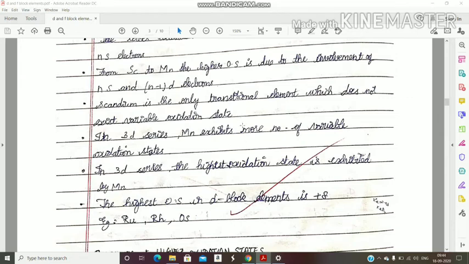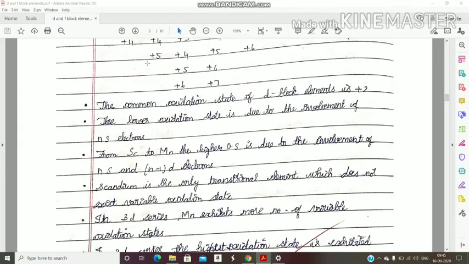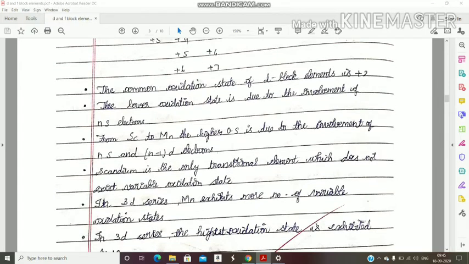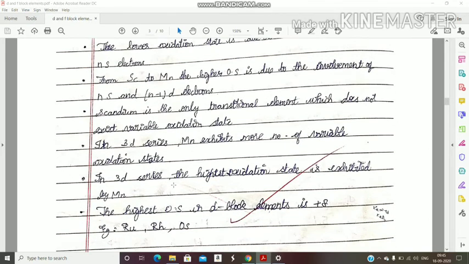Next, in 3d series, the highest oxidation state is exhibited by manganese, because the rest of the elements exhibit +4, +5, +6. So which element exhibits more number of oxidation states? Manganese. And which element exhibits highest oxidation state? Manganese. So for the two questions, the answer is same. What is the answer? Manganese.